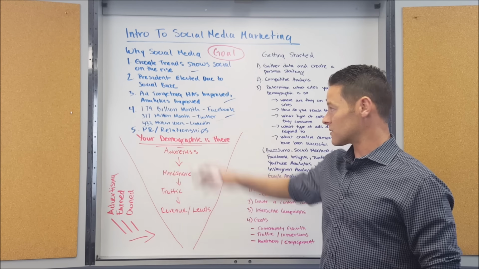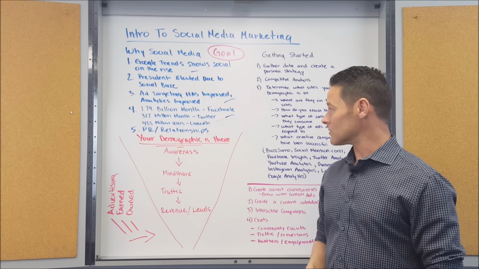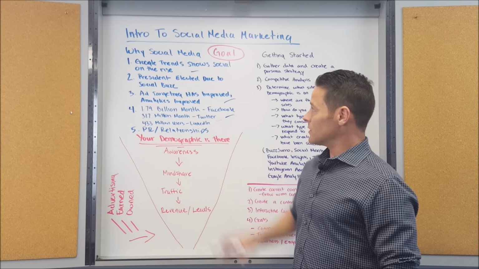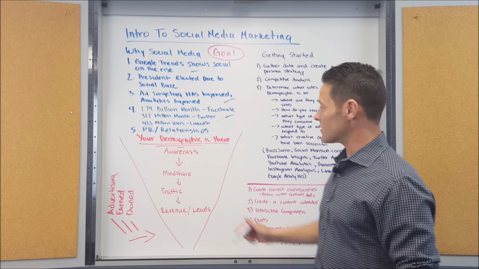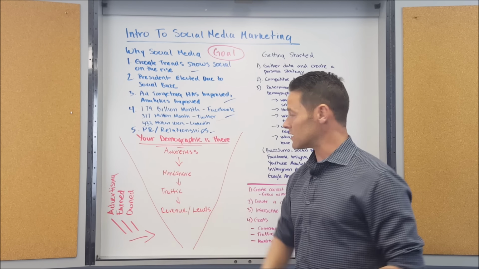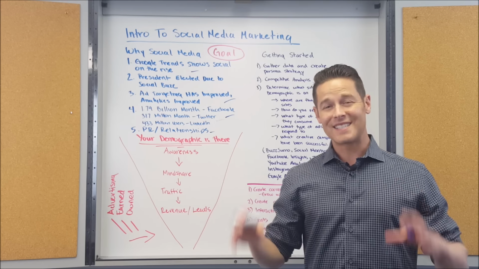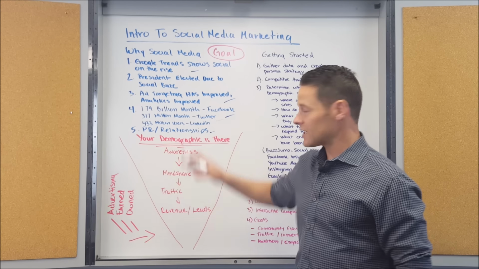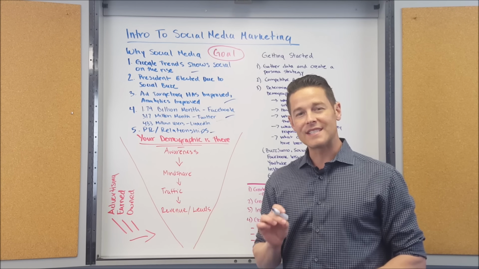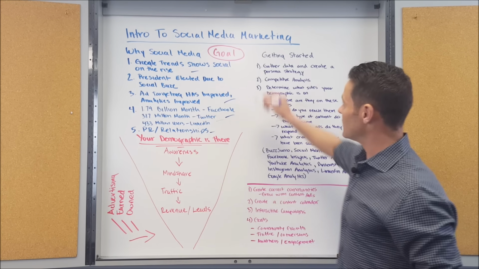So the numbers are really there. It's such a great way to target your demographic, and you can even use it for things like PR and building relationships, which is something that we do a ton of here at Ignite Visibility.